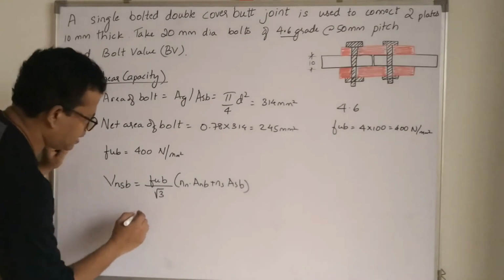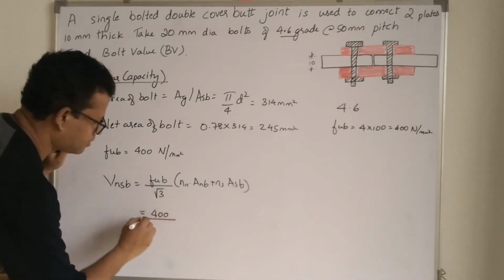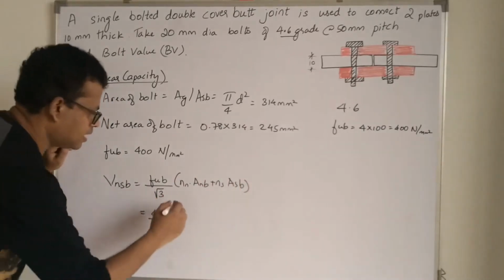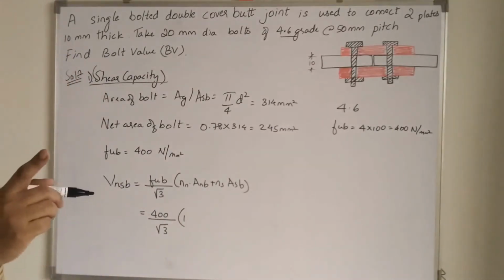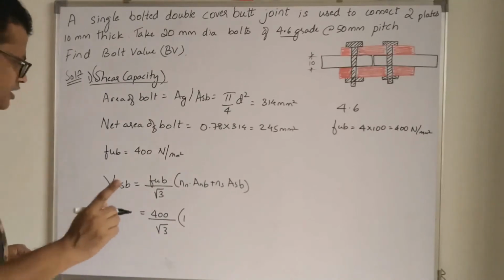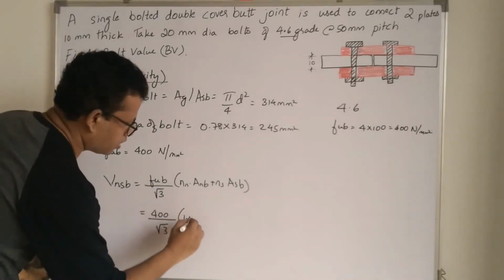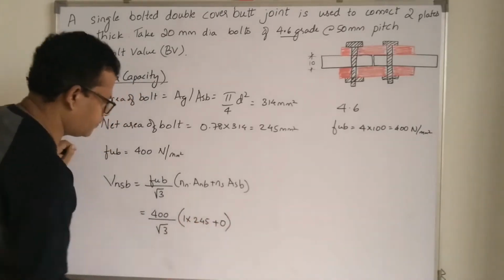So FUB, I am just taking it as 400 because we know the value is 400 root 3. Now NN I am taking as 1. Actually it is a double shear problem, but still I am taking the value of NN as 1. I'll tell you the reason for it. Into 245 plus 0. This term is 0.